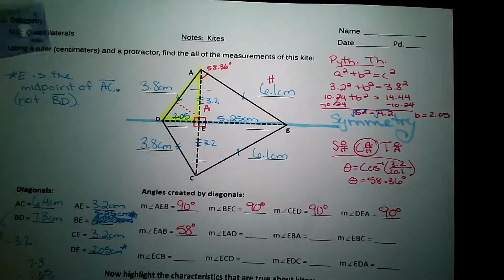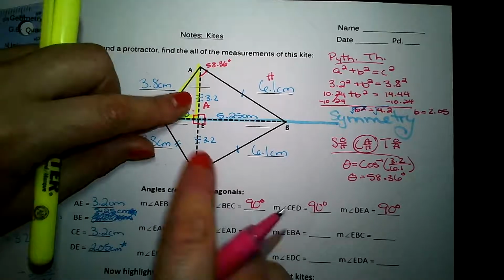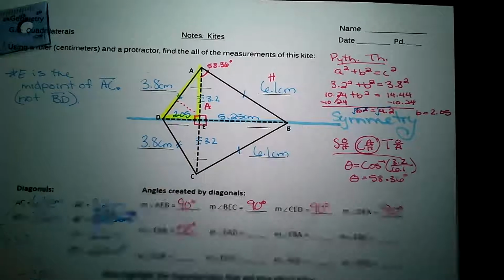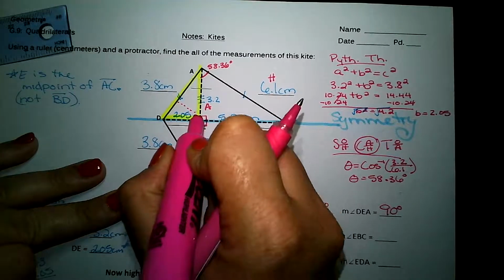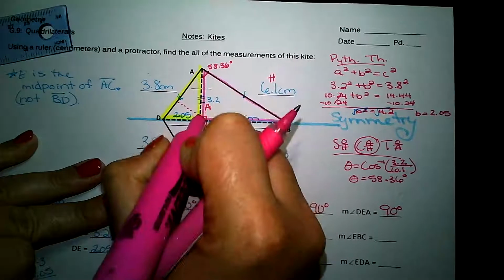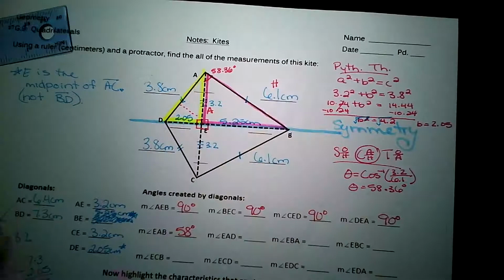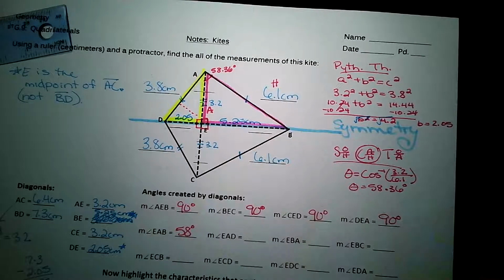Let's put our tools away a minute and think. Well, one thing I can do is find the last angle within this triangle. Let me highlight the triangle so you know which I'm talking about. I'm talking about this pink triangle here. That's the right triangle we were just working on. Well, 3 angles of a triangle have to add up to 180 degrees.